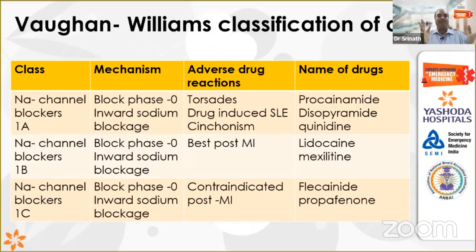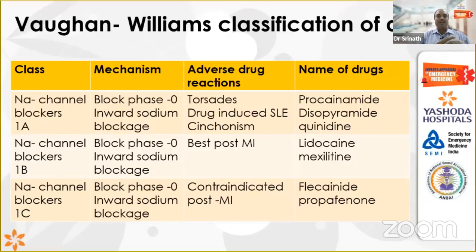What are the adverse drug reactions? Torsades de pointes, drug-induced SLE, or cinchonism. So these are the three common adverse drug reactions which you can see. What are the names of the drugs? You can see them with procainamide, disopyramide, or quinidine. So these are the common drugs which can be seen with adverse reactions.